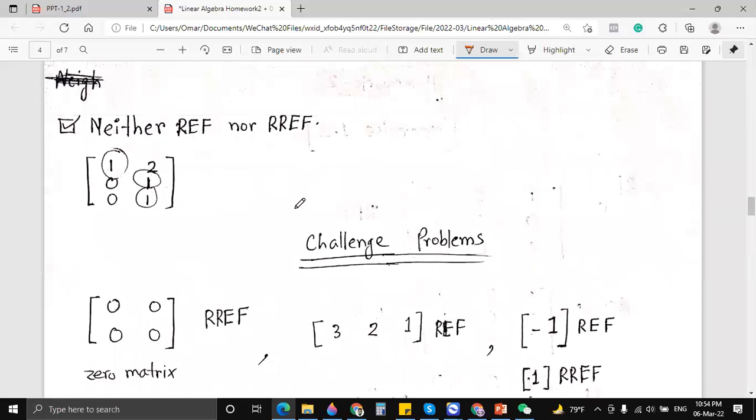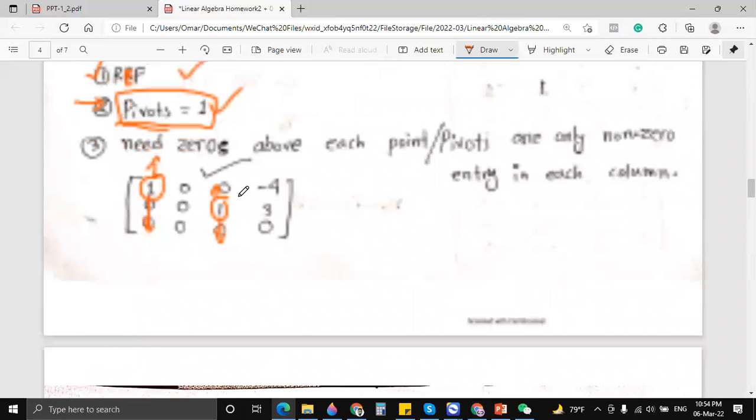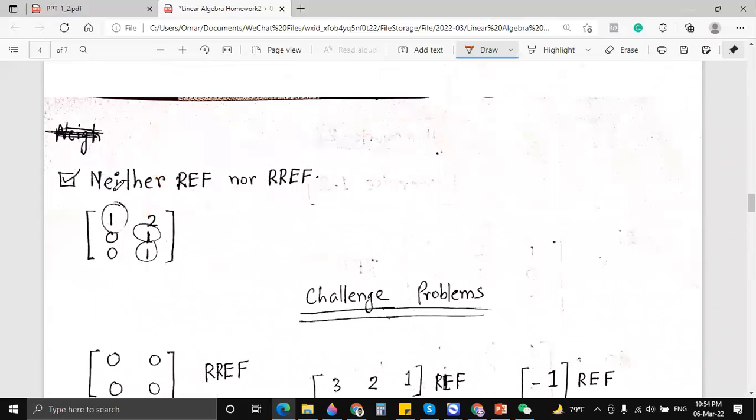Like this one. This is neither REF nor RREF. Why? Because you see here is 1, so below this pivot point is 0. So fine.